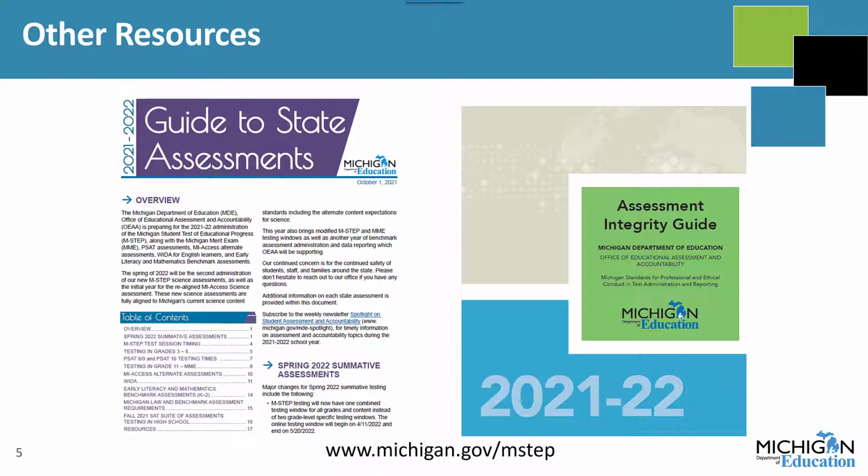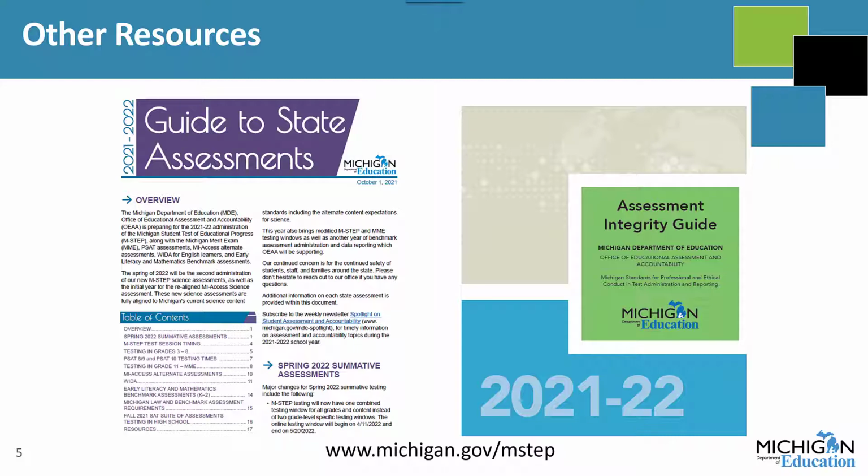The Assessment Integrity Guide provides information on the prevention and detection of testing irregularities and guidance for follow-up and resolution of any identified testing irregularity in order to ensure all procedures before, during, and after the test administration lead to student results that accurately reflect a valid and reliable measure of each student's unique and true educational knowledge, skills, and abilities.